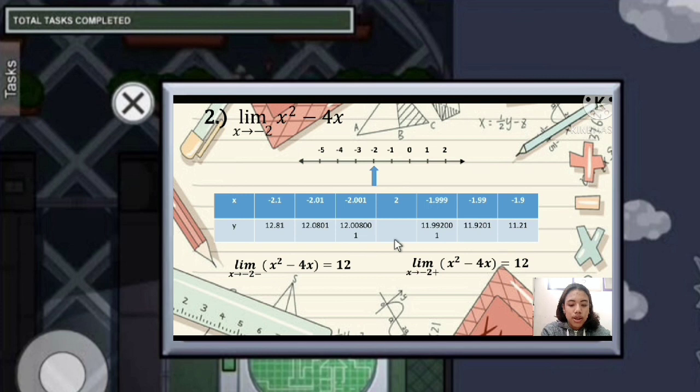Our x values will be negative 2.1, negative 2.01, negative 2.001. Substitute. Our answers in y are 12.81, 12.0801, 12.008001. From the right, negative 1.9, negative 1.99, negative 1.999 are substituted in our function, 11.21, and so on.